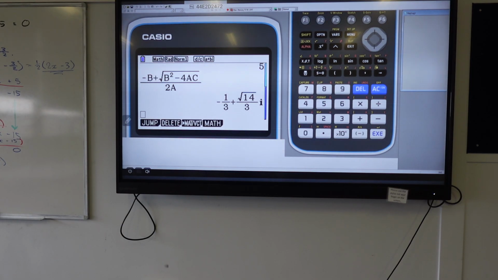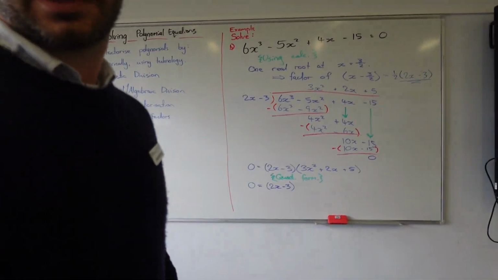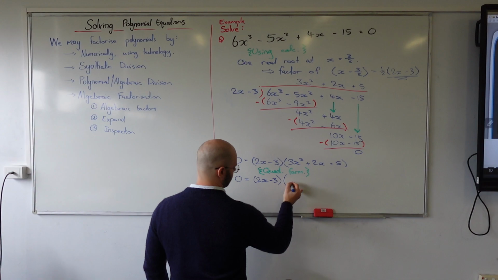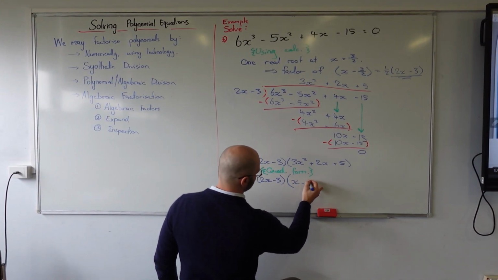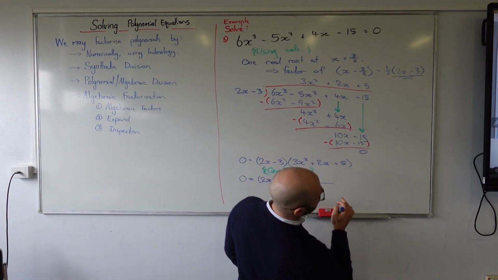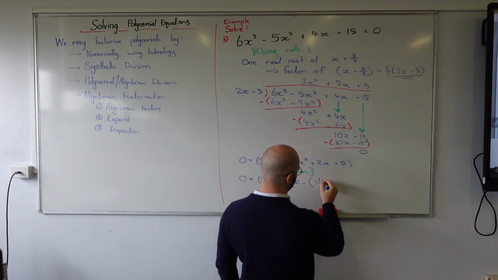So we can see that our roots are negative 1 over 3 plus i root 14 over 3. And what's the second one going to be? Negative 1 take square root 14. Yeah, it's in conjugate form, so there's no need to calculate the other one. Okay. Putting this together, we can go x take, and then it's going to be negative 1 all over 3 plus i root 14.